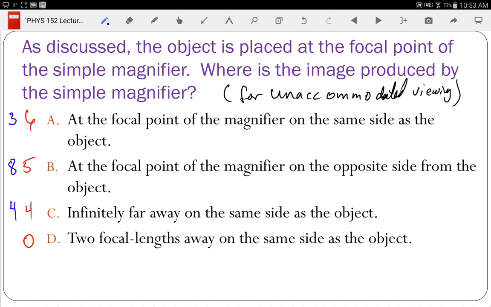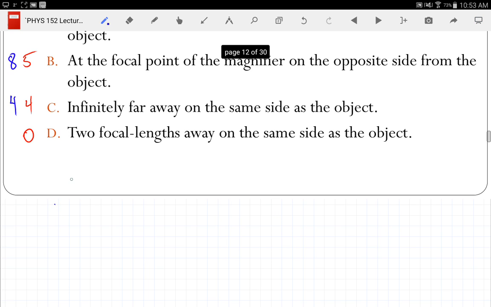How do you relate the image, object, and focal length distances? The thin lens equation. 1 over f equals 1 over distance object plus 1 over distance image.